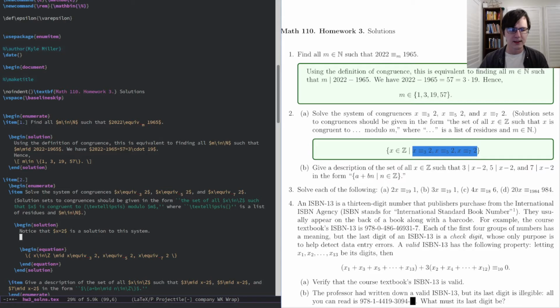So one thing to then say is, by the Chinese remainder theorem, since 3 and 5 are coprime, which remember means their GCD is 1, then we can combine those into a single congruence.